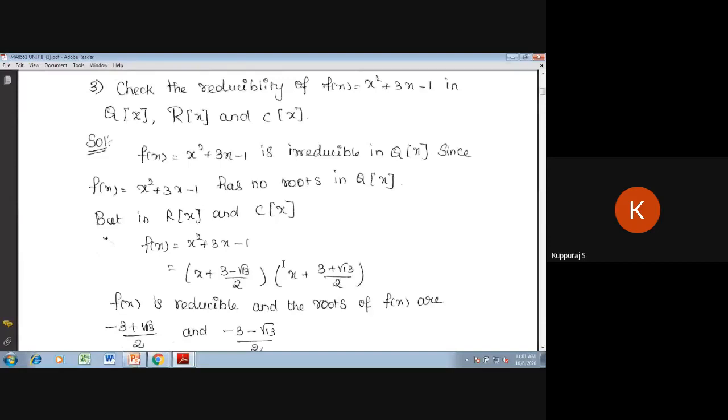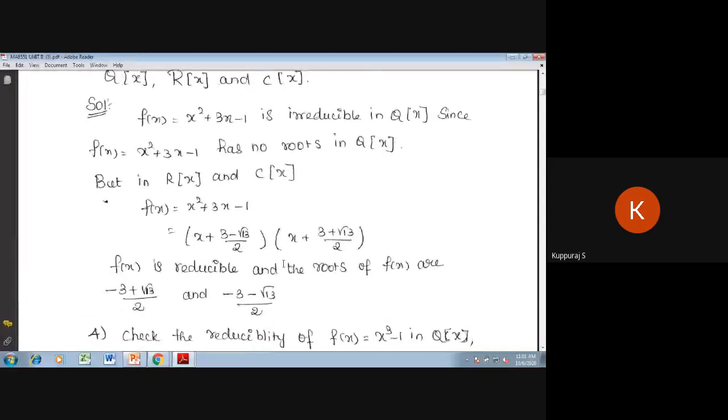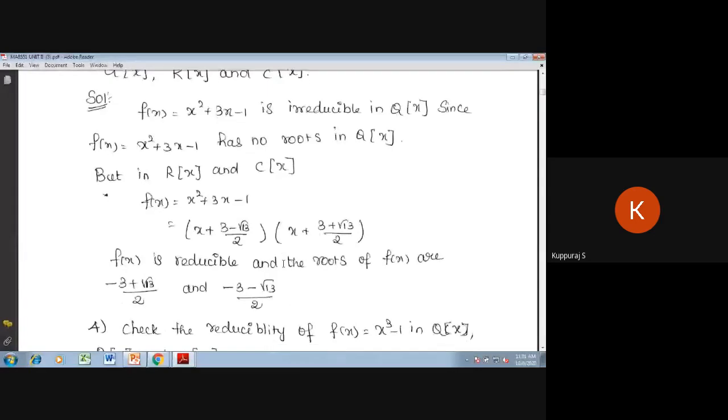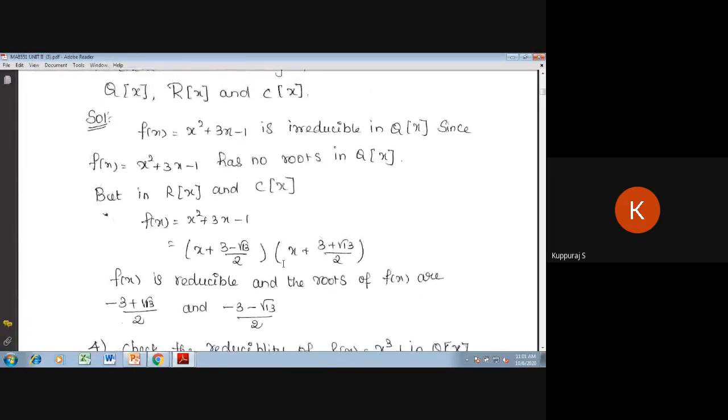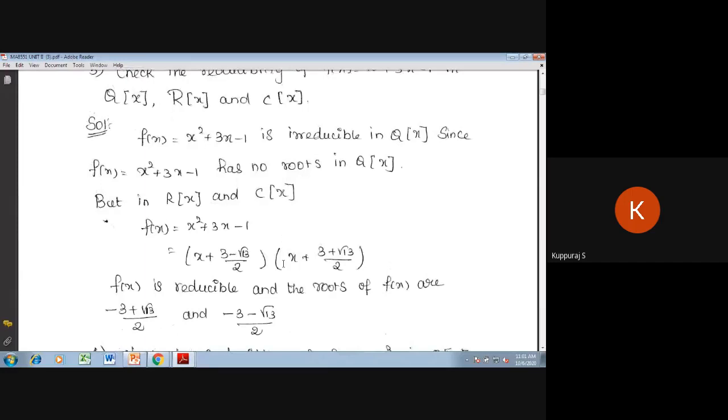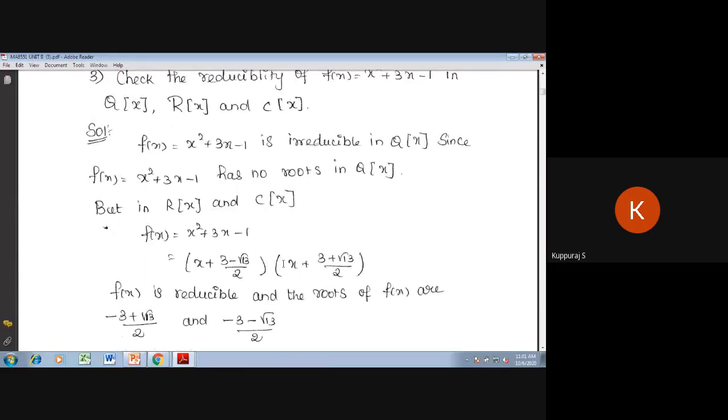So therefore the given polynomial can be expressed as x plus 3 minus root 13 by 2 into, actually x minus of minus, that becomes plus, so x plus 3 plus root 13 by 2. So 3 minus root 13 by 2, actually root 13 is irrational.